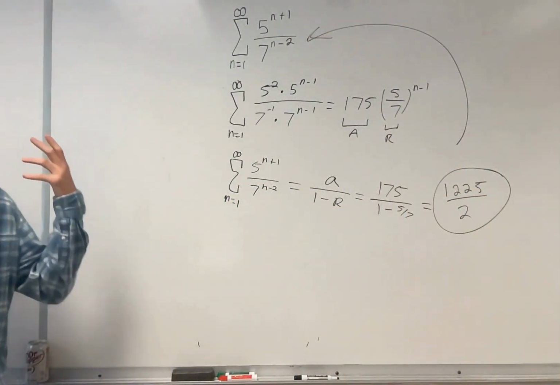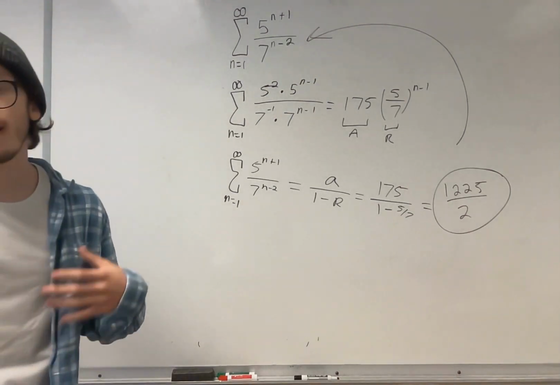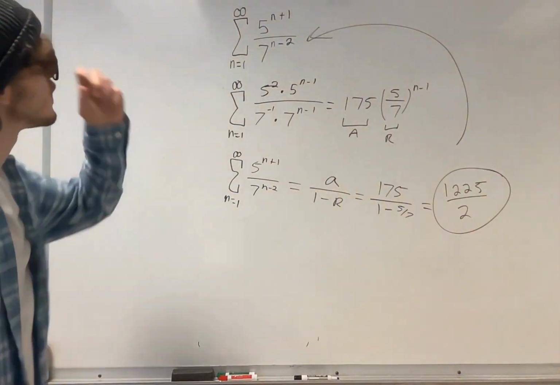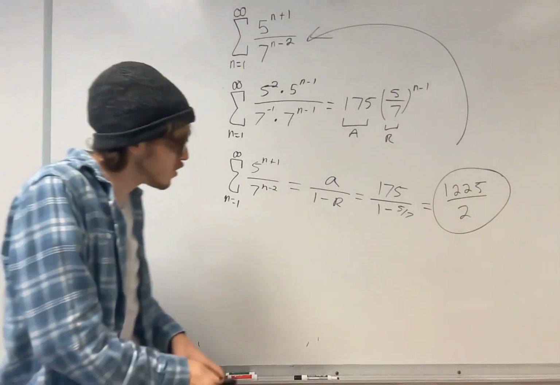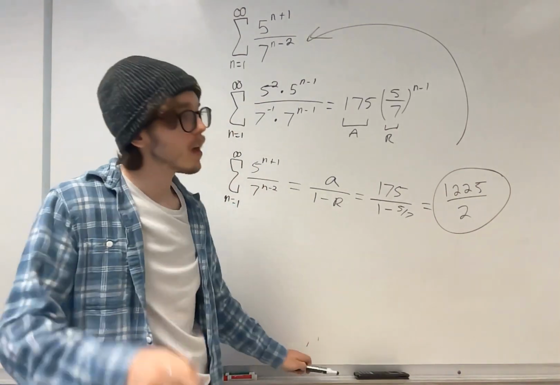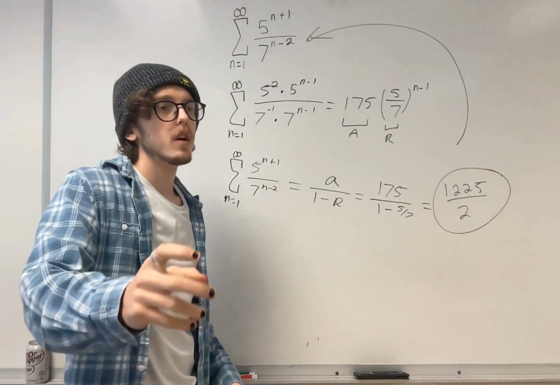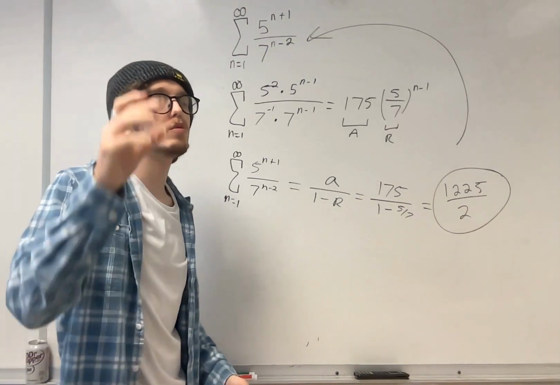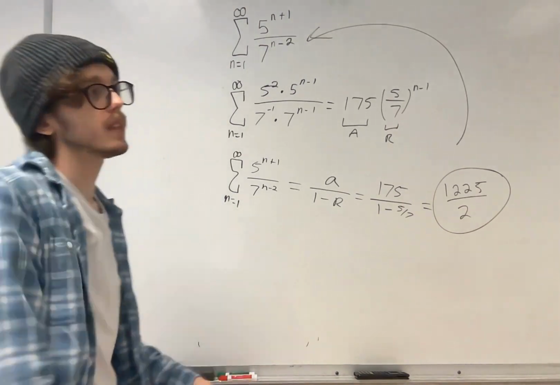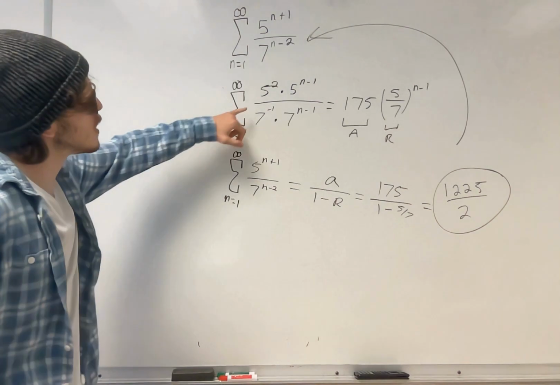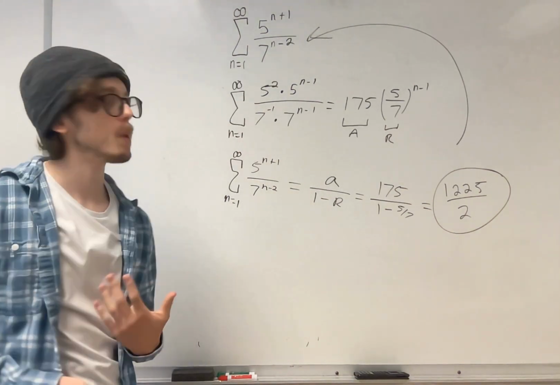Alrighty, so let's just do a little recap of how we went about solving this problem. We noticed that we have something that kind of looks like the geometric series, that weird constant to some power n minus something. We did a little bit of manipulation using our knowledge of exponent rules.